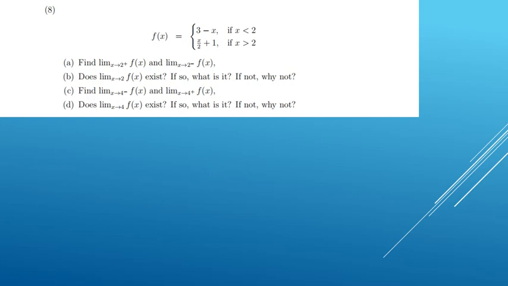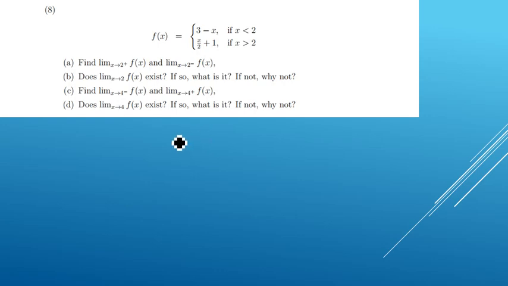So, we have a question here, and this question is under limits, and we have been asked to simply find if the following limits exist. And of course, this is a two-sided limit under a piecewise function.